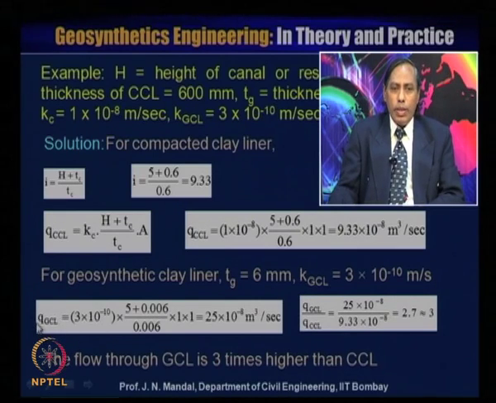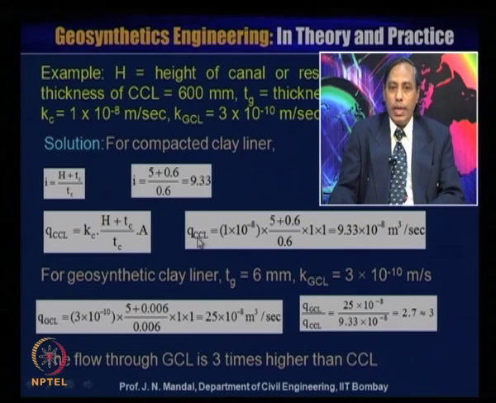So, here Q_GCL will be equal to Kg, 3 into 10 to the power minus 10, into (H plus Tg), that means 5 is the reservoir height, plus the thickness of the GCL, that is 0.006, divided by 0.006, into 1 into 1. So this will give you 2.5 into 10 to the power minus 8 meter cube per second.